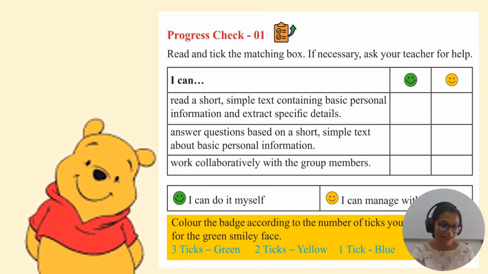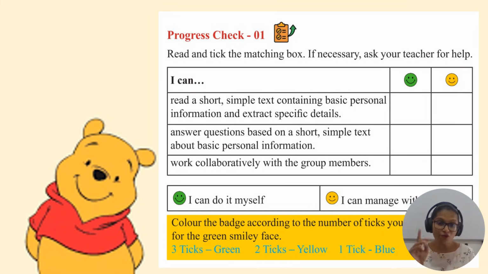You have to color the badge according to the number of the ticks you got for the green smiley face, right? If you have got 3 ticks under the green face, you have to color the badge using green color. If you have got 2 ticks under the green face, you have to color the badge with the yellow color.